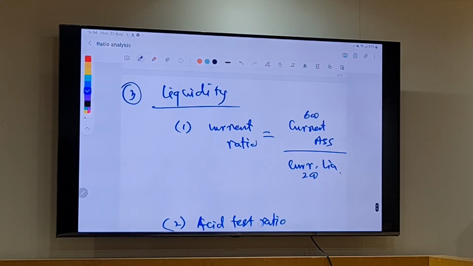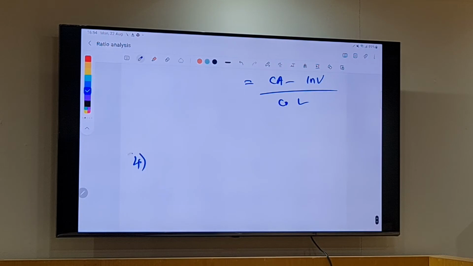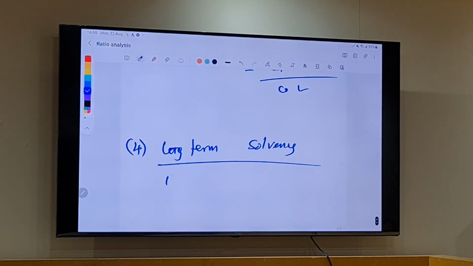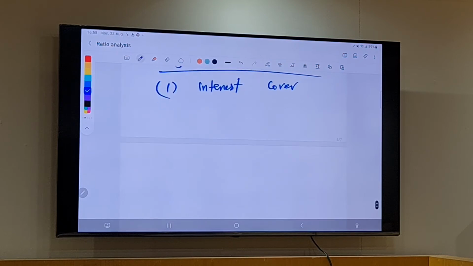So this is liquidity. Fourth one, long-term solvency. There you have interest cover. The first one, profit before interest and tax divided by interest.